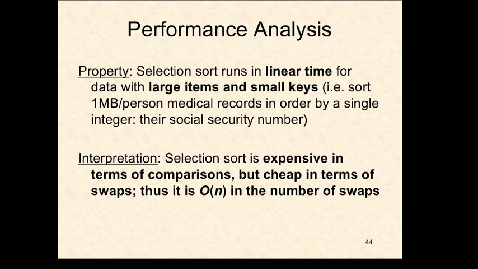So I will use selection sort, because comparing the patient ID numbers or blood glucose levels, that one integer within the big data, is really fast, but I'll minimize the number of writes to the disk. So we've got to have a really expensive write compared to a really cheap comparison to make this the best ever.